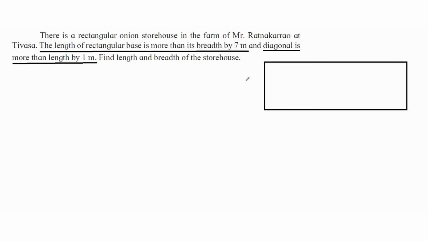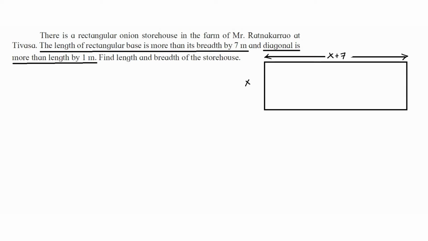So assume that the breadth is x meters. Then the length is 7 more than the breadth, so I can assume that the length is x plus 7. This is the length of the given rectangular field.